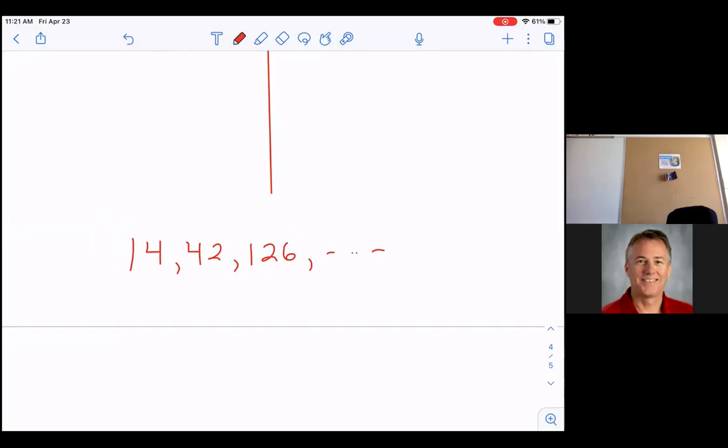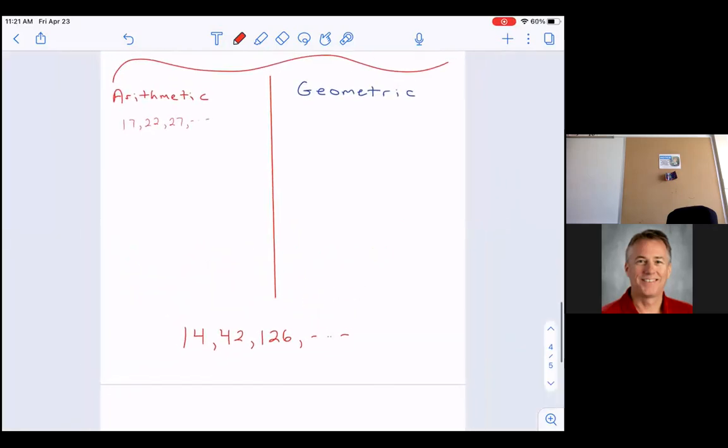So first, I want to see, is that arithmetic? Well, looking at this, let's see, to get from 14 to 42, I have to add 28. I can just figure that out by subtracting, right? Just do that minus that. So I add 28 the first time, but if I take 42 plus 28, I don't get to 126. That tells me it's not arithmetic.